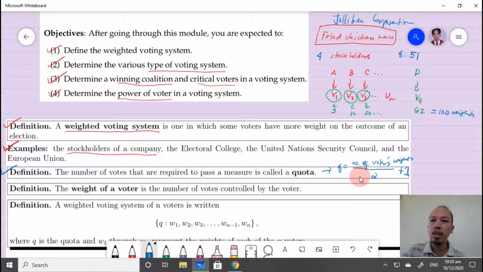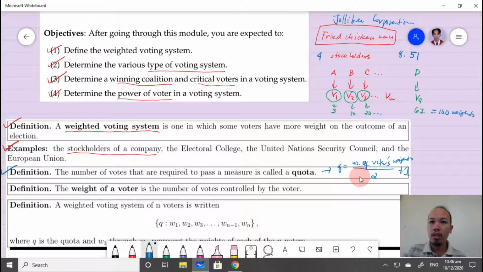So even if stockholders A, B, and C do not vote, and D votes for this new menu, it will pass, because the required quota is 51, but voter D has 67 votes.